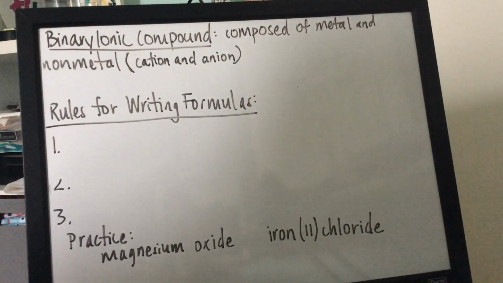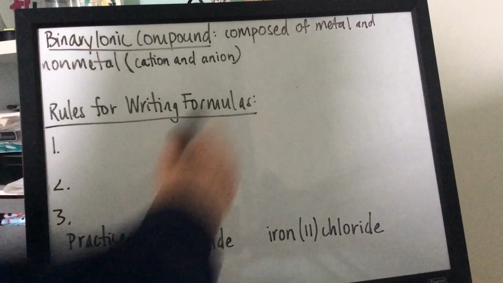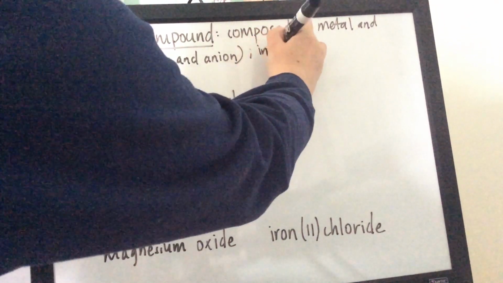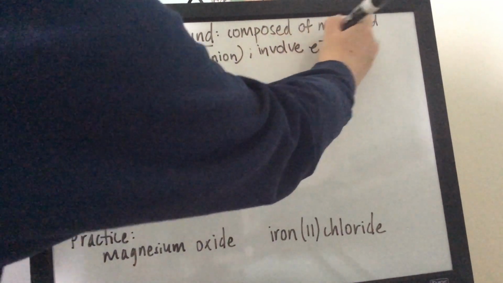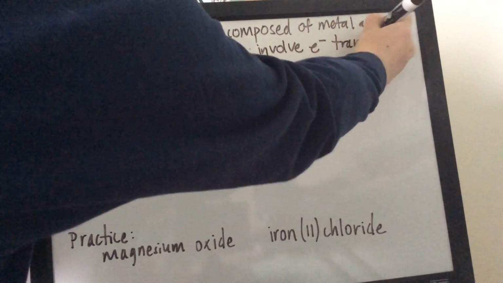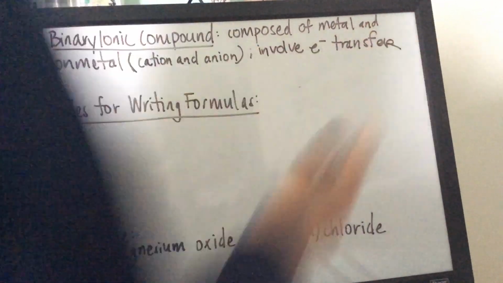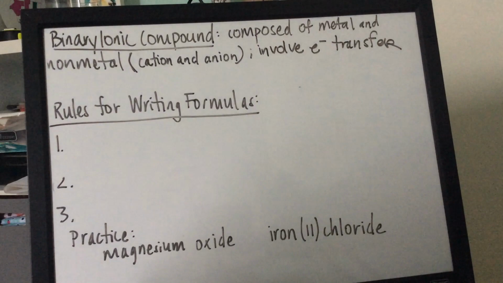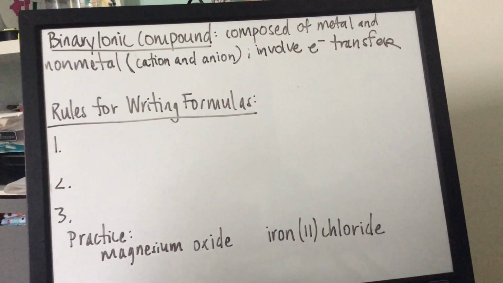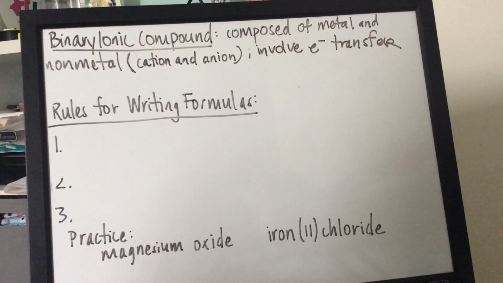So you always have a positive and a negative in an ionic compound, and they involve electron transfer. That means there's always one element who is losing electrons, and one who is gaining electrons. That's always the case in an ionic compound.